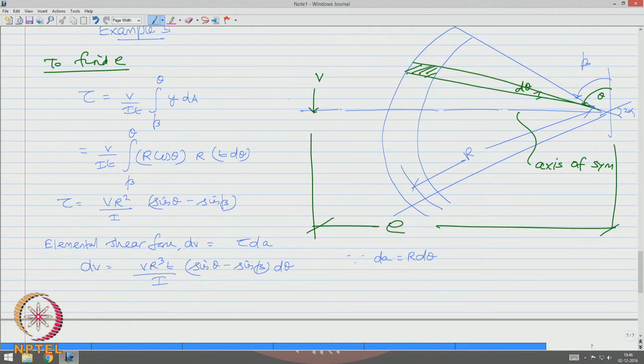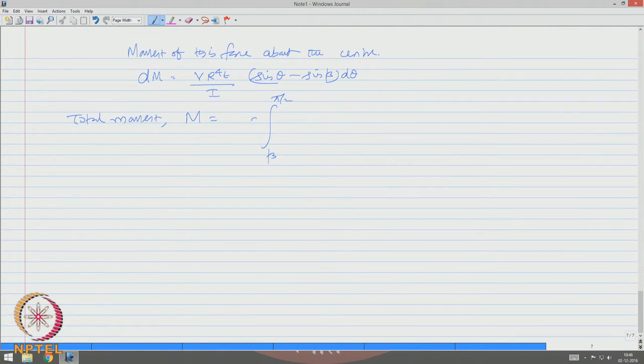Please see the limits here, it is varying from beta to pi by 2, but twice, V r 4 t by I sin theta minus sin beta d theta, which gives me 2 V r 4 t by I, minus cos theta minus sin beta theta, applying limits beta to pi by 2.